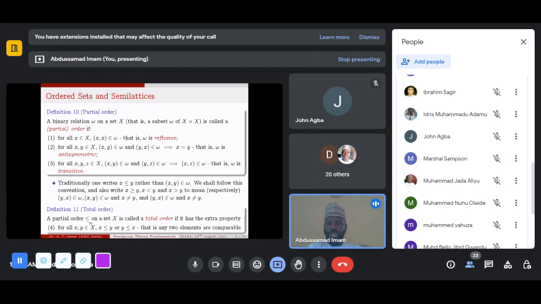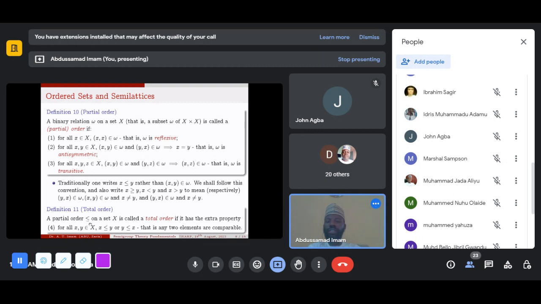Now, a partial order. Now we resort to using less than or equal to for our partial order. So I will never have to mention omega again. Whenever I want to say partial order, the symbol will be less than or equal to. But with the understanding that I may be dealing with an arbitrary set X that is not necessarily of numbers.